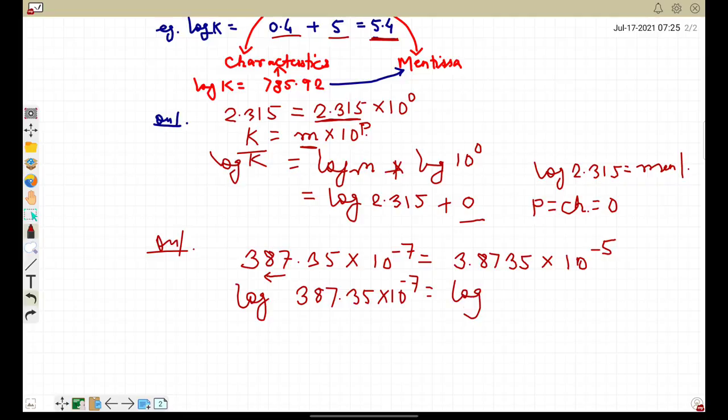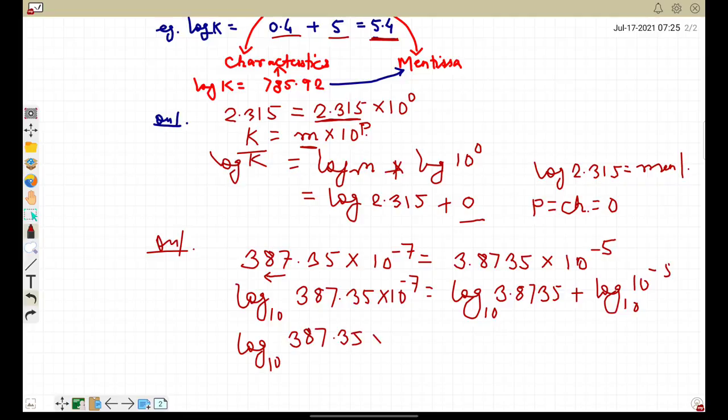So log 3.8735 plus log of 10 raised to the power minus 5 here, and base value is 10 here. Okay, in each and every case base value is 10.